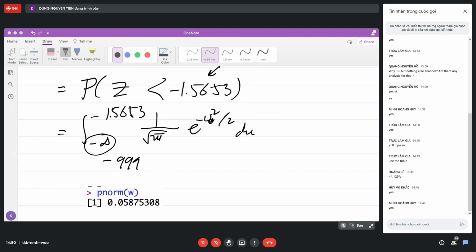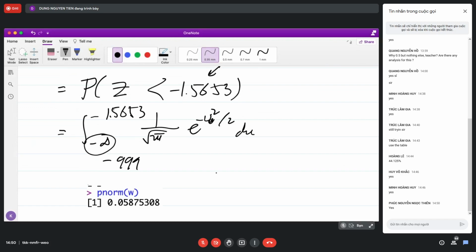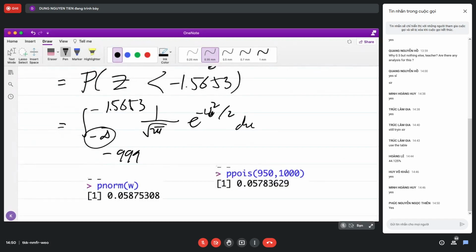Is that clear, everybody? And if you use the Poisson distribution to get the answer, then this is what you get. This is the exact answer: 0.05783629.